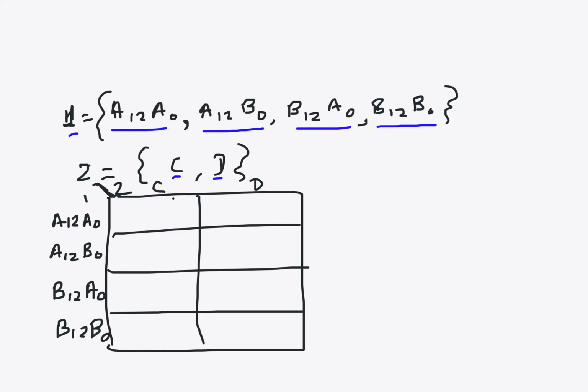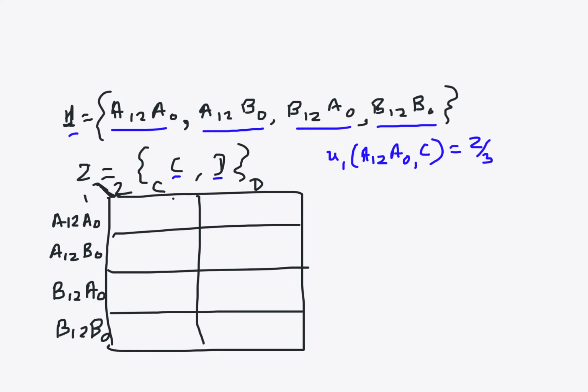So let's say you are looking at player 1 playing strategy A12, A0. We want to find out the expected payoff of player 1 from A12, A0, and player 2 playing C. The probability of player 1 playing A12 is 2/3, which nature determines.